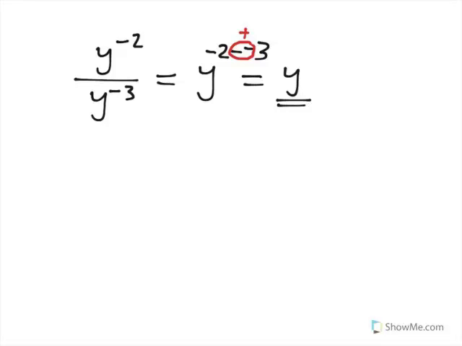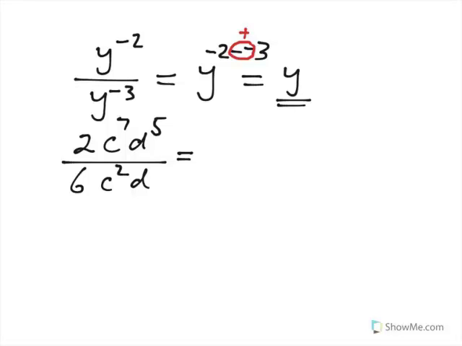Now, let's bring some numbers in. Suppose we have 2c to the power of 7, d to the power of 5, divided by, say, 6 c squared d. What do we do? Well, we can cancel: 2 goes into 2 once, 2 goes into 6 3 times.